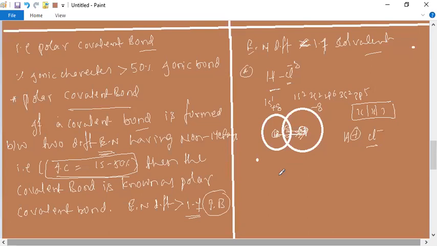Charge. Okay. Partially charges are developed.